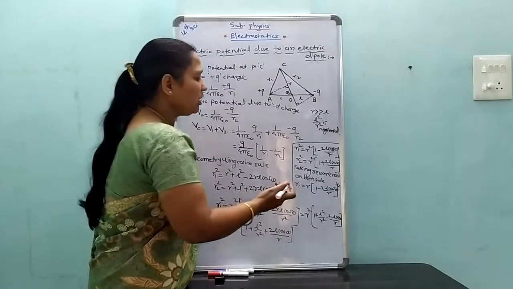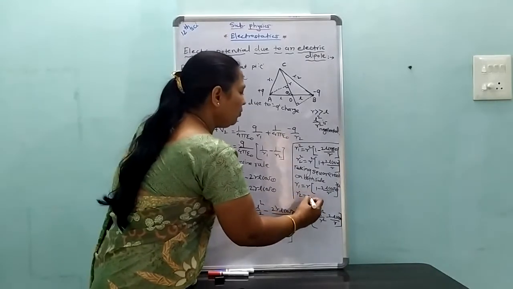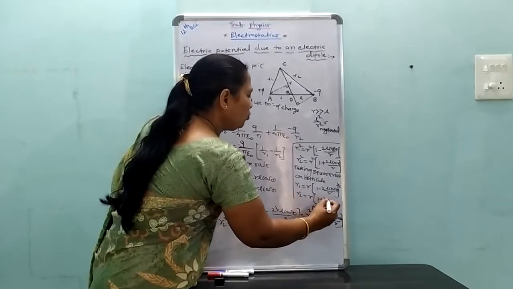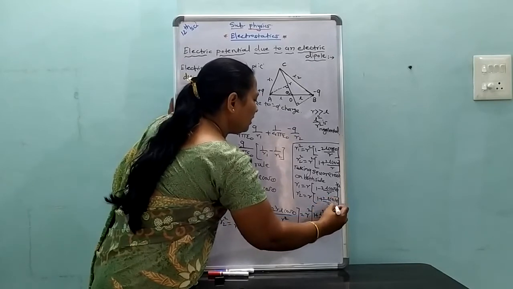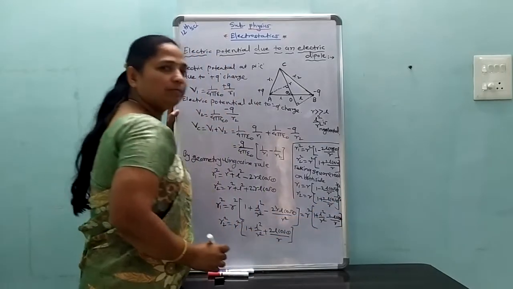And R2 is equal to R in bracket 1 plus 2L cos theta upon R, bracket raised to half.